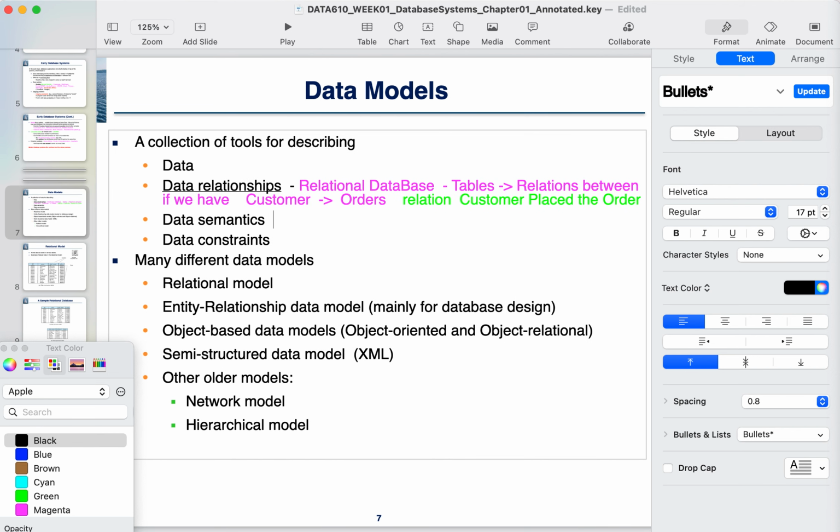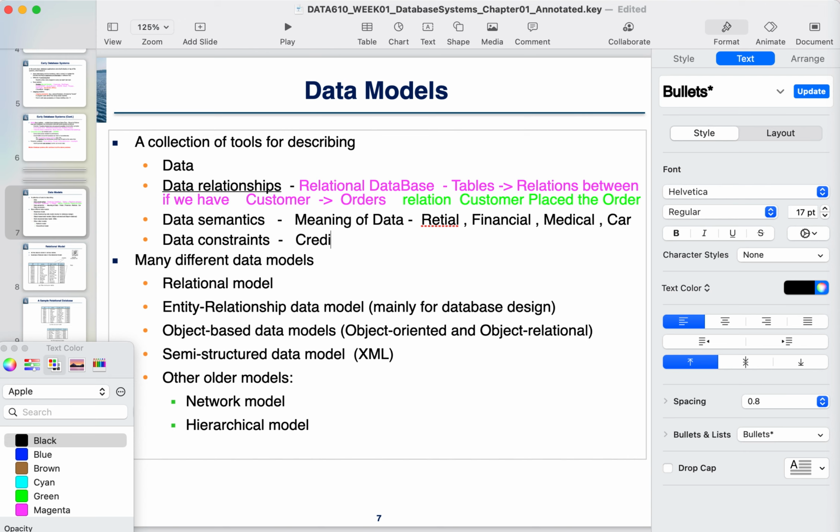By semantics, we mean what the data means. Is this retail? Is it financial, medical, and so on? Car manufacturing or what? Constraints.